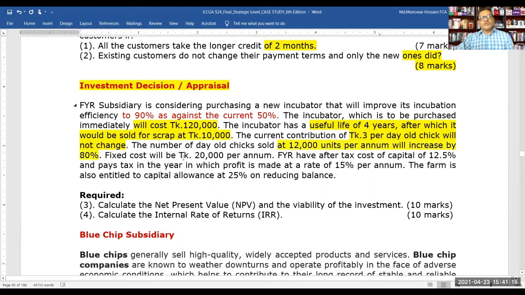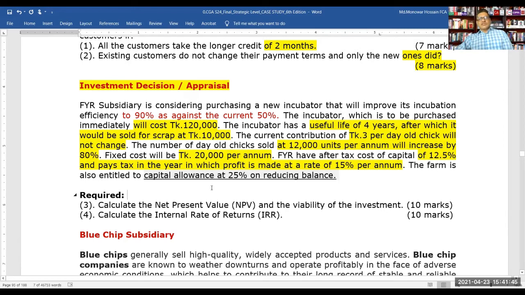Fixed cost will be 20,000 per annum. The after-tax cost of capital is 12.5%, and the tax rate on profit made is 15% per annum, nominal tax rate. The firm is also entitled to capital allowance at 25% of reducing balance.